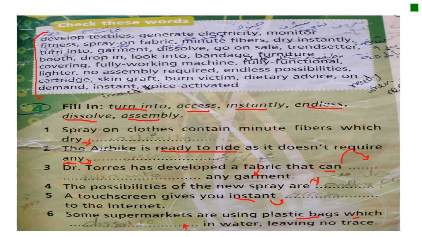We already used turn into, so we have dissolve: which dissolve in water. And also the meaning, leaving no trace. So these plastic bags dissolve in water. What do you mean by dissolve? Turn to liquid and disappear. Disappear means leaving no trace.